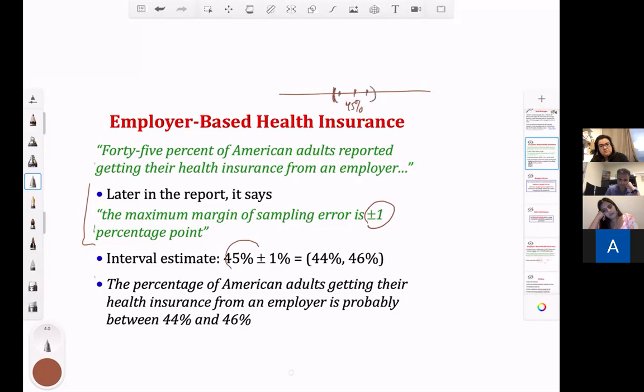So this is an interval, and the real population percentage will be between 44% and 46%. So what was the question? The percentage of American adults getting their health insurance from an employer is probably between 44% and 46%.